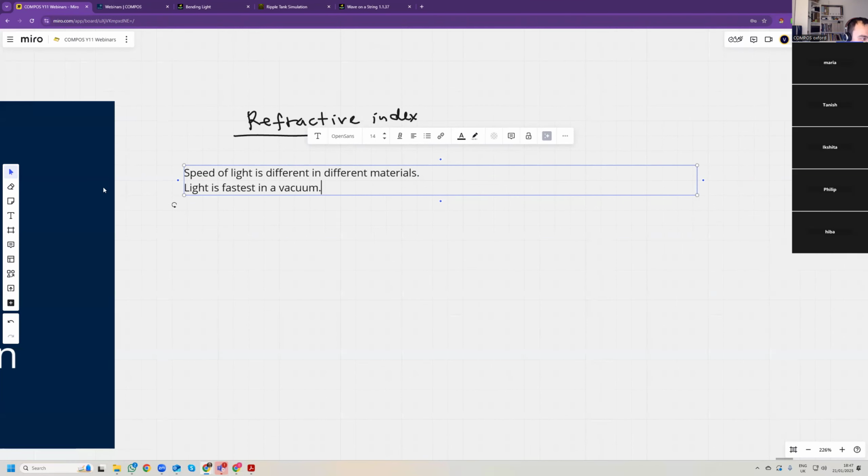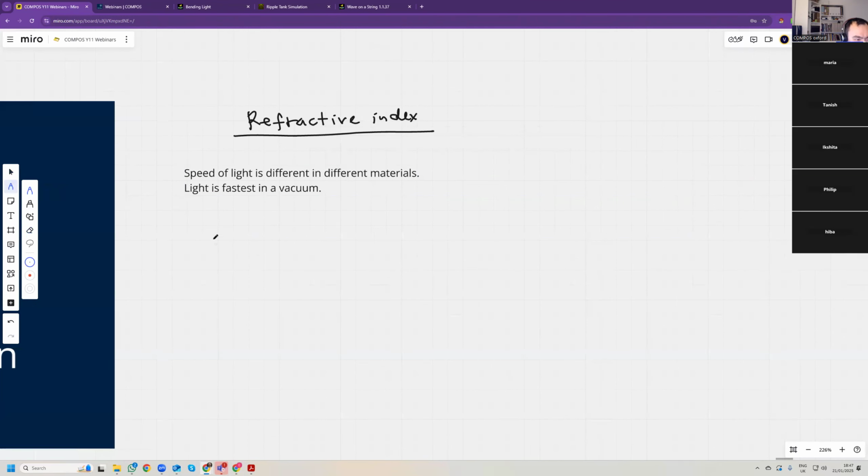The refractive index is the speed of light in vacuum divided by the speed of light in that material.